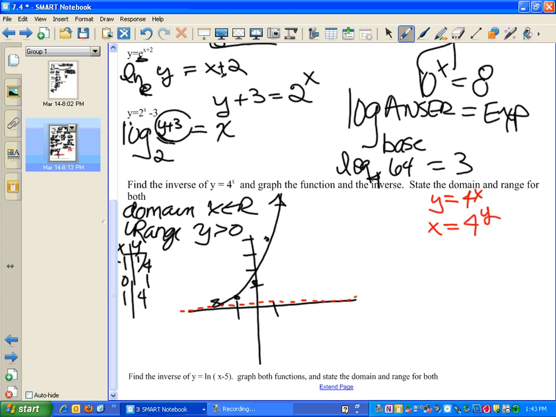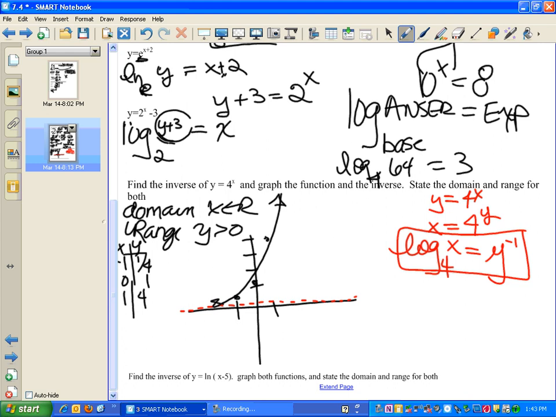And we always try to solve for y. But if this is an exponent form, how do I solve for y? Log base 4 of x equals y. There is the inverse.